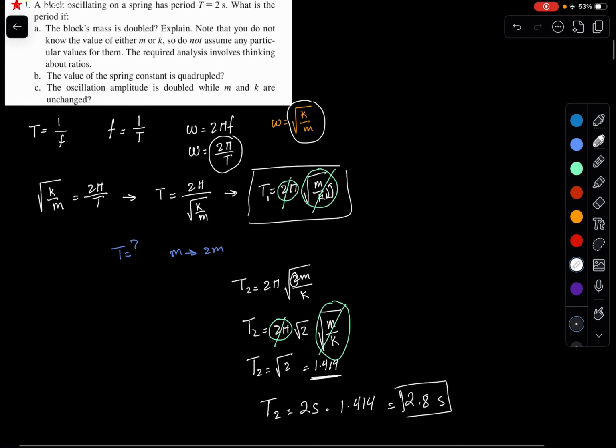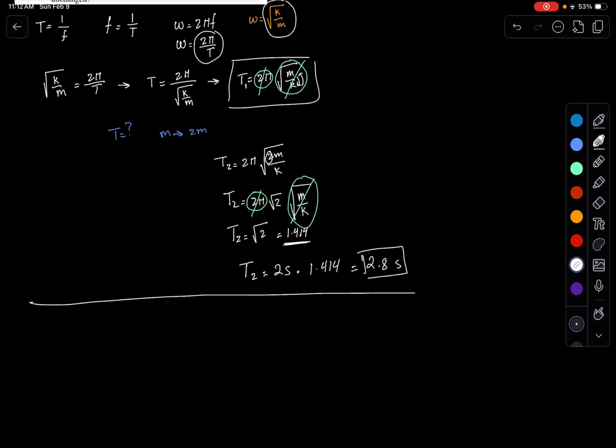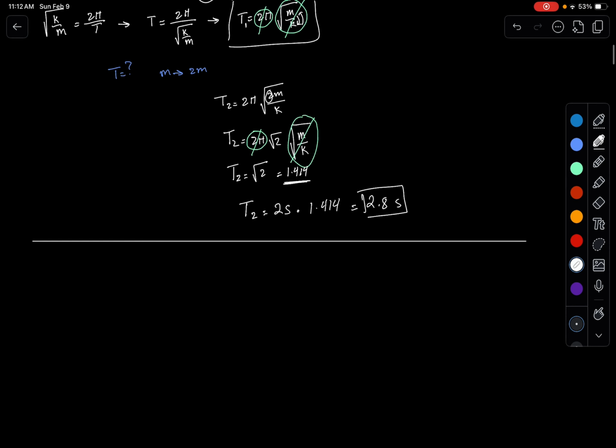For part B, the value of a spring constant is quadrupled. That's exactly the same thing. We can use the same equations because here the period is related to a spring constant.